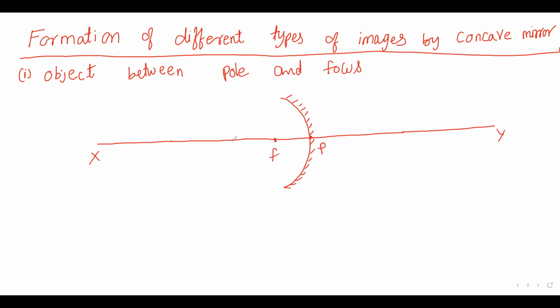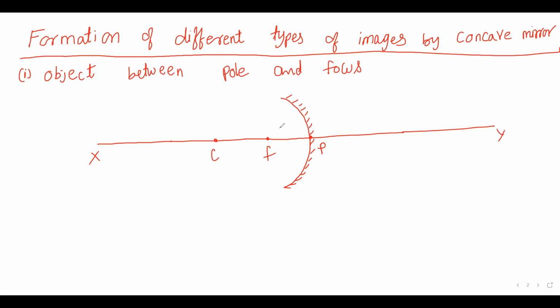focus, सेंटर ऑफ कर्वेचर। आपको अगर रे डायग्राम परफेक्ट आना है तो ये डिस्टेंसेस सेम रहना, फोकस मिडिल में रहना, P और C का मिड पॉइंट F रहना। ओके, तभी आपको परफेक्ट रे डायग्राम मिल सकता है। This position is also called object placed very near to the mirror.